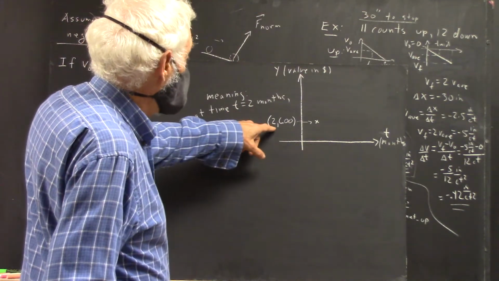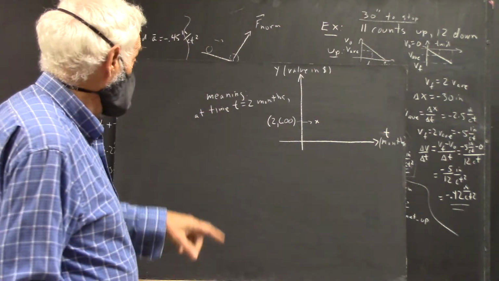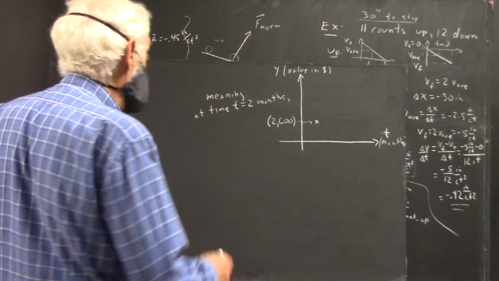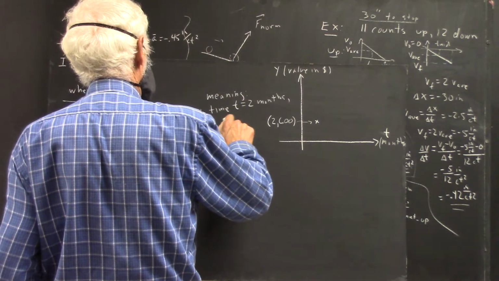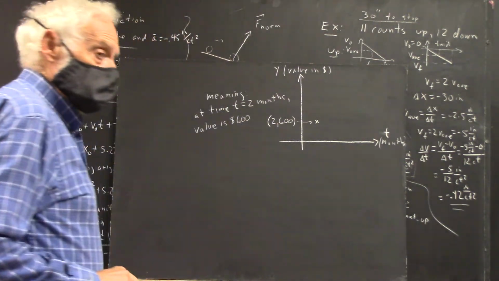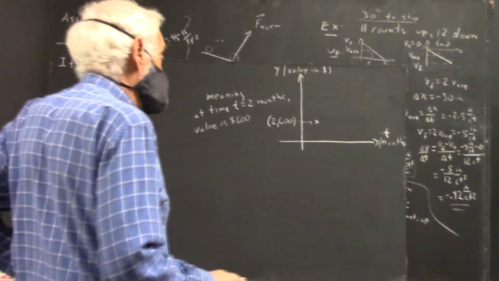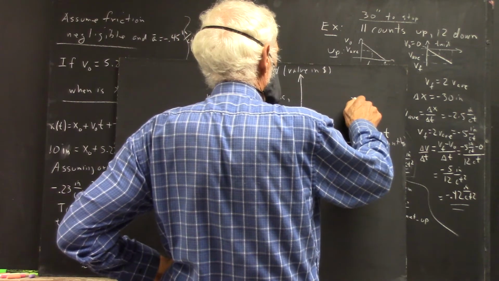Okay, the point (2, 600) would mean, and everybody seems to understand this pretty well, that at time T equals 2 months, because that's what the 2 is, the value is $600. Okay? And let's say now you've got a point here.